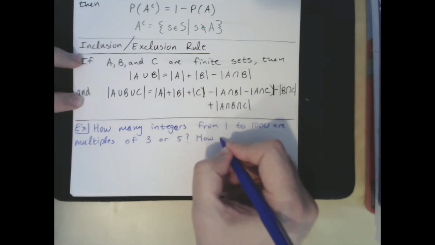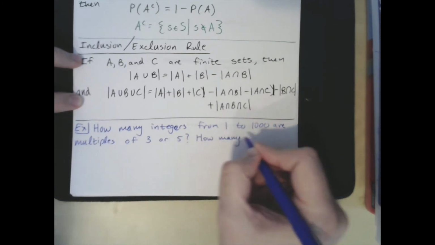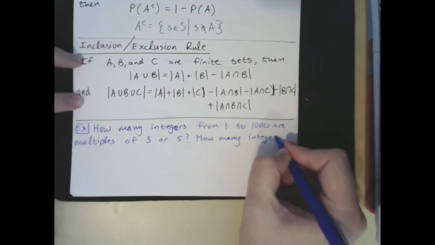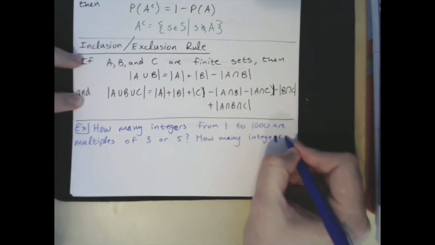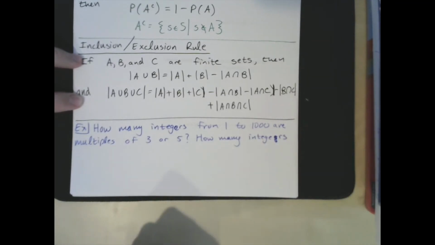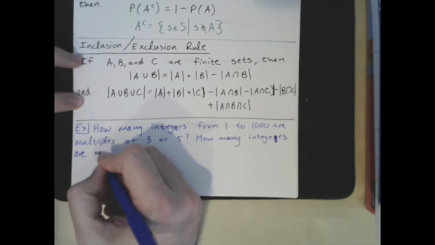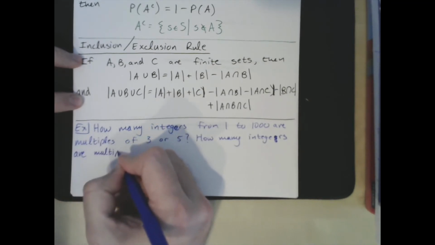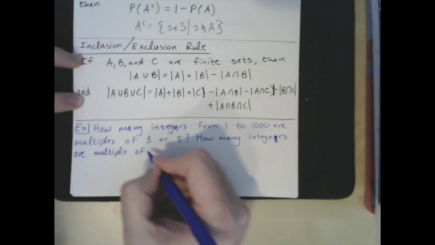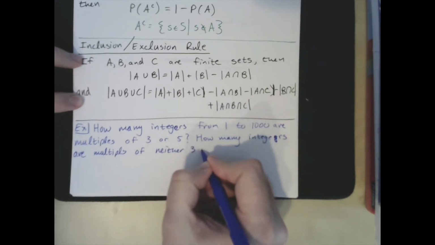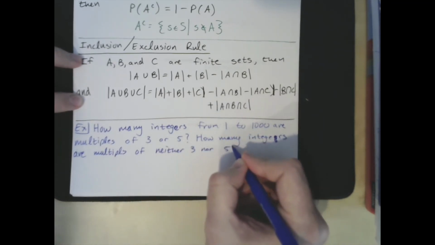And then, how many integers are multiples of neither 3 nor 5?